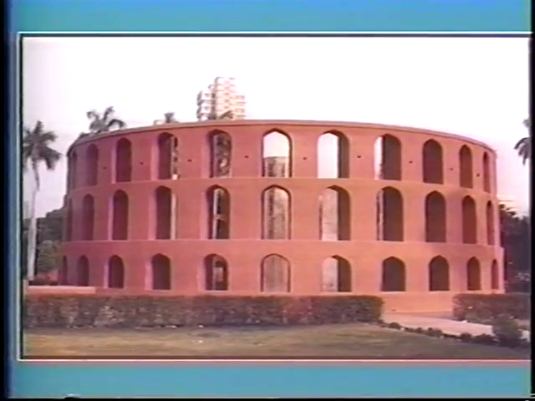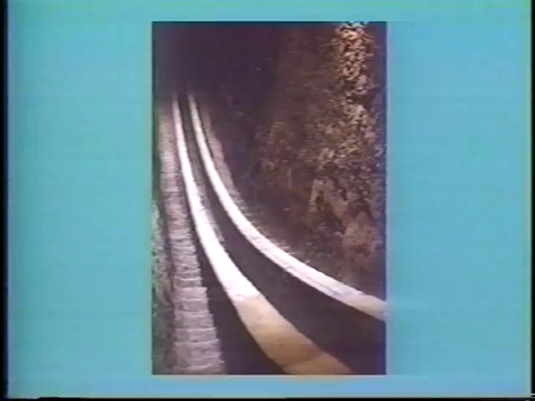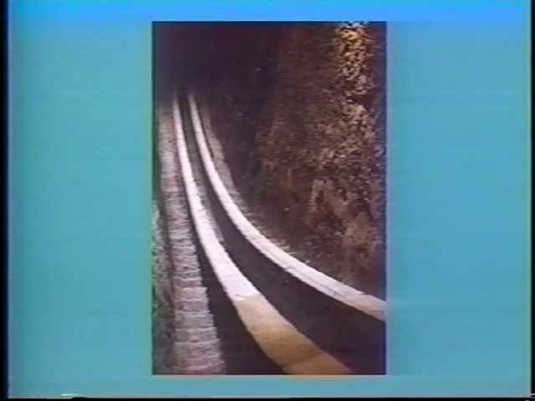The Jai Singh Observatory in New Delhi was built after the Samarkand Observatory. The Samarkand Observatory was destroyed in the 16th century. Only part of the sextant remained, and the ruins of the foundations.